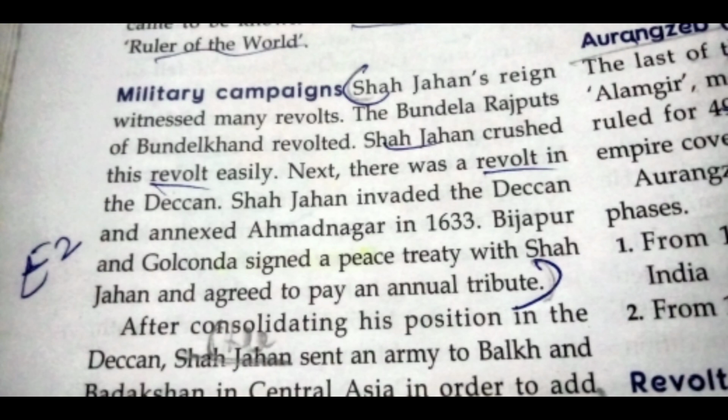He also suppressed the revolt in the Deccan. Shah Jahan invaded the Deccan and annexed Ahmednagar in 1633. Bijapur and Golconda signed a peaceful treaty with Shah Jahan and agreed to pay an annual tribute.